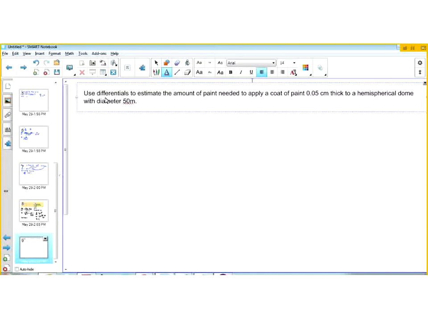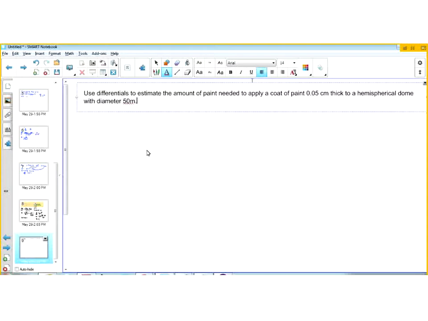So this could be, say, like a water tank or something. So in other words, you've got a hemispherical dome, diameter 50 meters, and you're going to apply a coat of paint that's 0.05 centimeters thick, a very thin coat of paint. So how much paint would you need to cover the surface, to coat the surface?